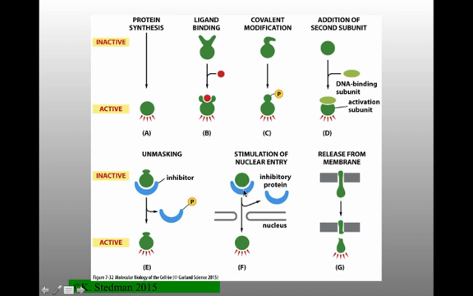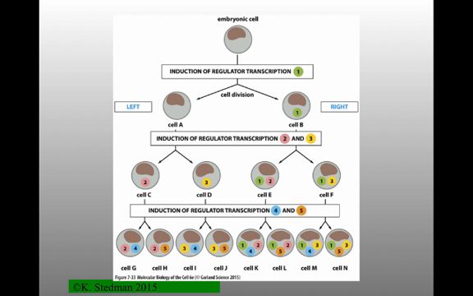Sometimes that removal will allow that protein to go into the nucleus. Remember, all of these transcriptional activators have to be present in the nucleus in order to have their full activity. Or in a few cases, you actually have proteolytic cleavage, which leads to the activation of a gene regulatory protein by going through the membrane.